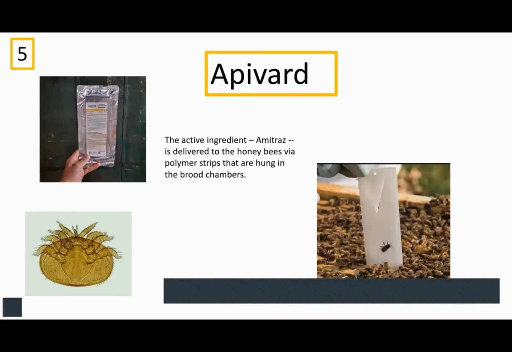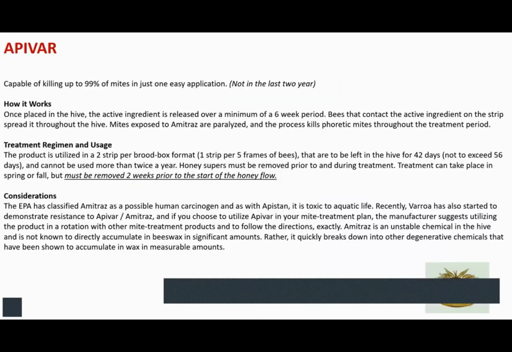And it is a harsh chemical. They said that it doesn't get into the wax, but I'll read that to you. It's amitraz and it is very harmful. You put strips in the brood area, capable of killing 99% of mites, and that's the way it used to be, but not in the last 2 years.